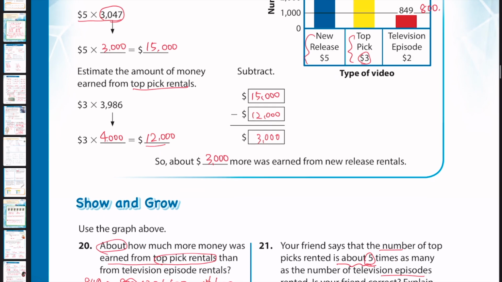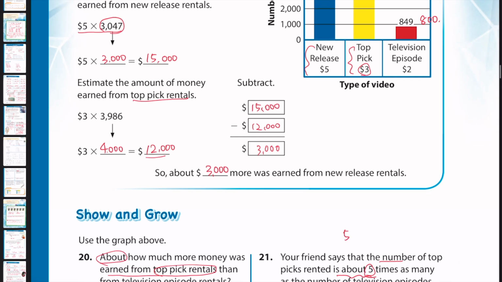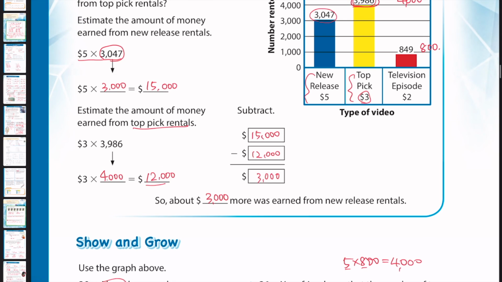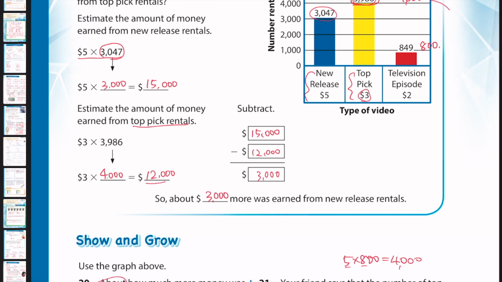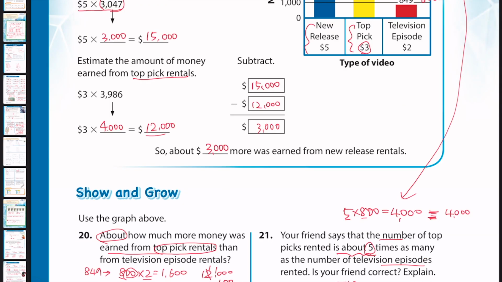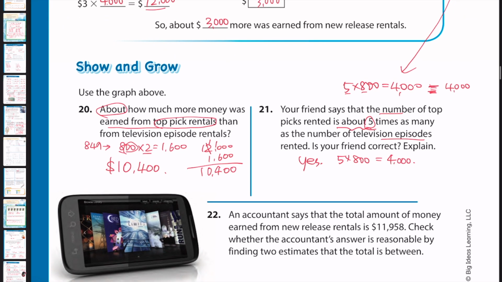So about 5 times 800. 5 times 800 is what? Yes, 5 times 8 is 40 and 2 more zeros. So compared to the top pick rented, yes, this is similar. 5 times 800 is equal to 4,000. Okay, so similar.